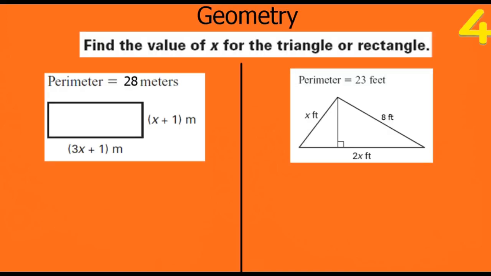Alright, now we're going to try some geometry problems. It says find the value of x for the triangle or the rectangle. So, this rectangle says we have a perimeter of 28 meters. Now the perimeter means we're going to add all the sides.